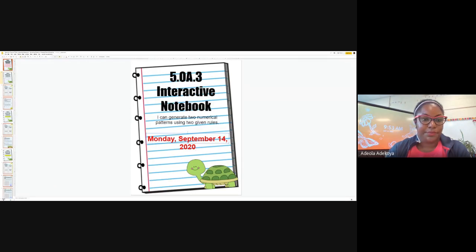I can generate two numerical patterns using two given rules.